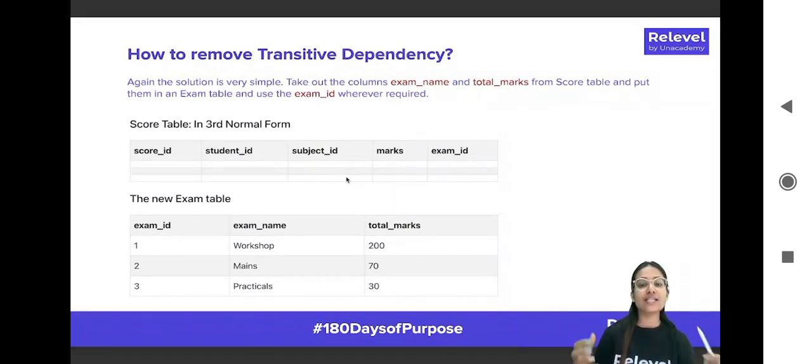Okay, so that is how you always have to make sure that your tables are designed, right? Because when you get rid of partial dependency and transitive dependency, the level of duplication and redundancy in the database reduces automatically.